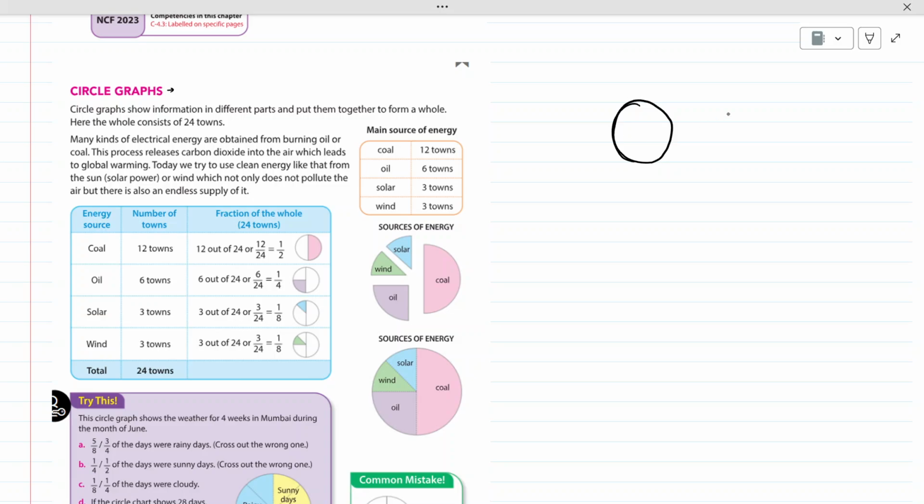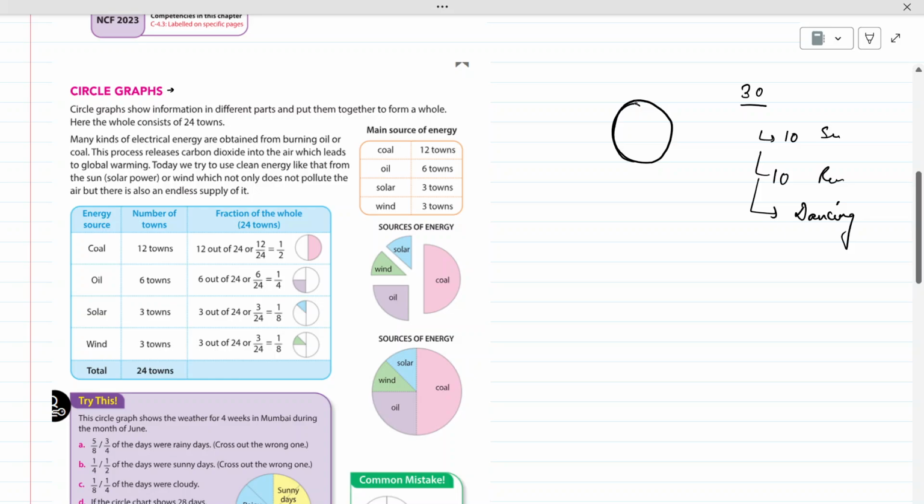If I say that I have a class of 30 students, out of which 10 students like singing, 10 students like reading, and the remaining students like dancing as their hobbies, how can I represent it in the form of a circle?